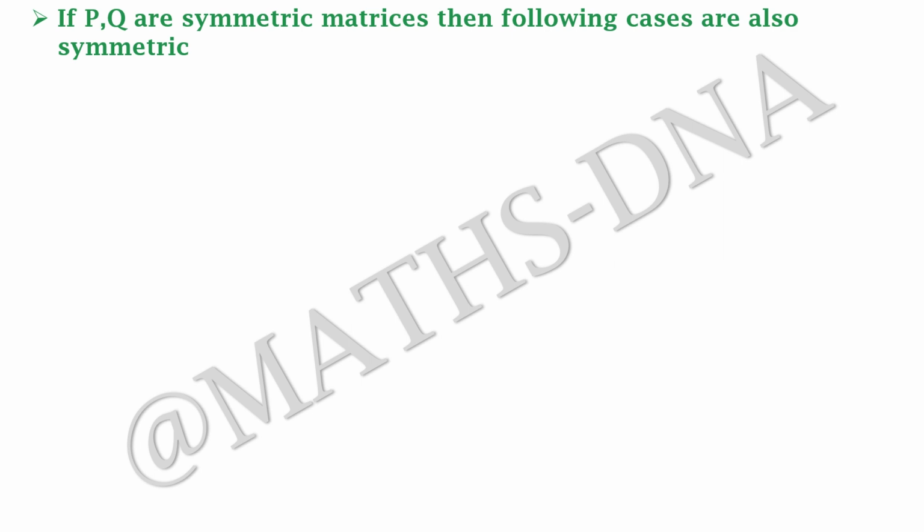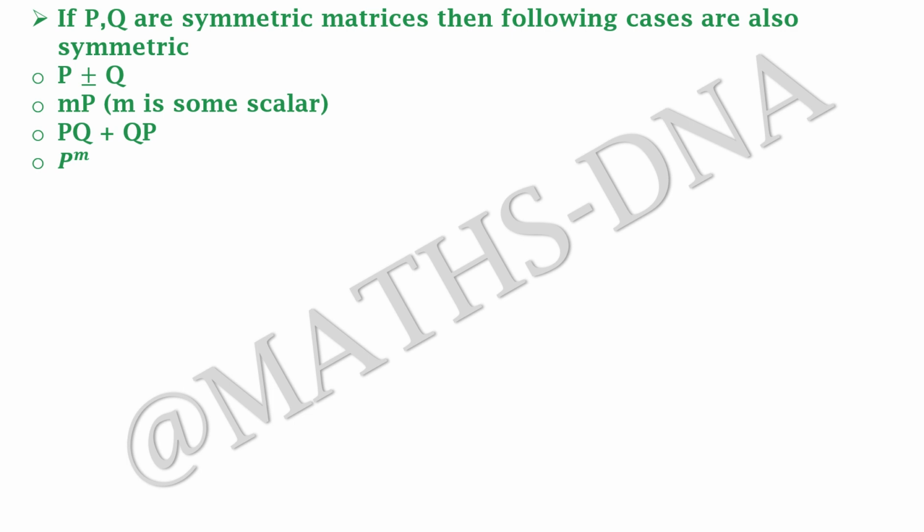Moving on, if P and Q are symmetric matrices, then the following cases are also symmetric. You can take any two symmetric matrices P and Q, then P plus minus Q will be symmetric. Also M into P, where M is some scalar, will be symmetric. Thirdly, PQ plus QP will also be symmetric.